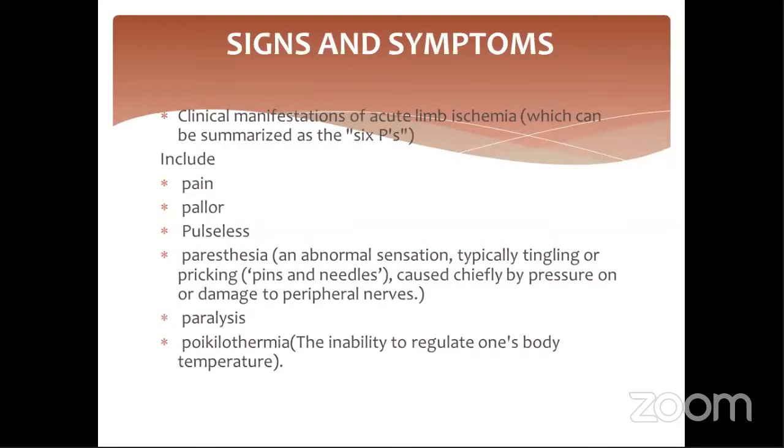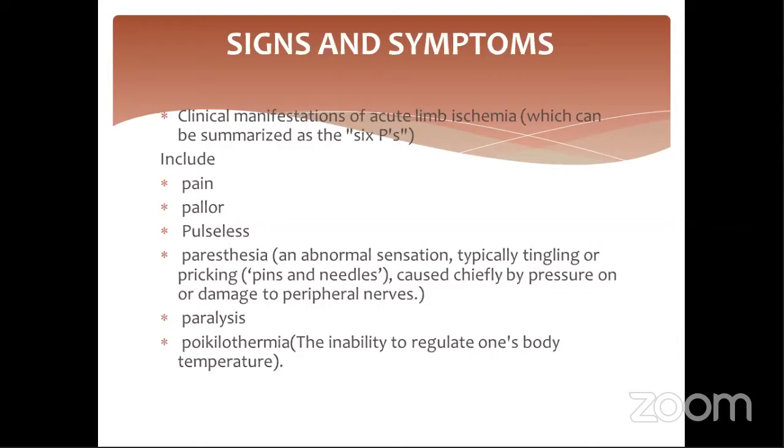So, signs and symptoms of ischemia. There are 6 P's: pain, pallor, pulselessness, paresthesia, paralysis, and poikilothermia.